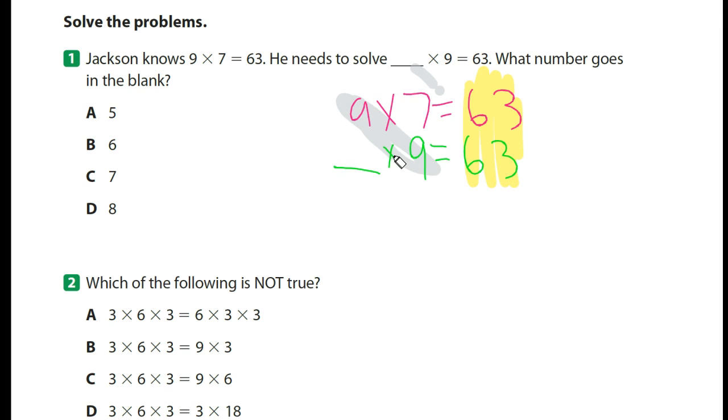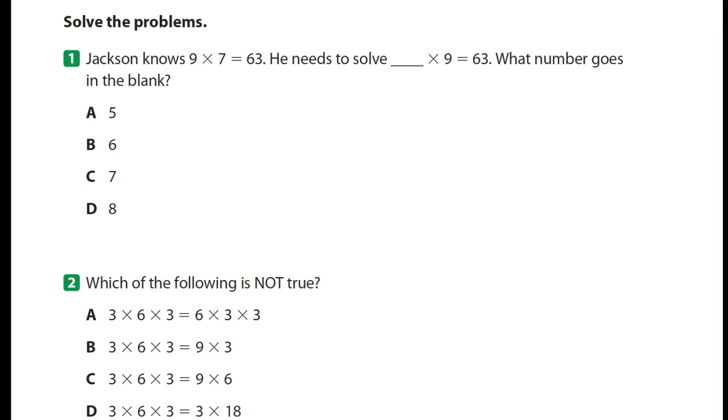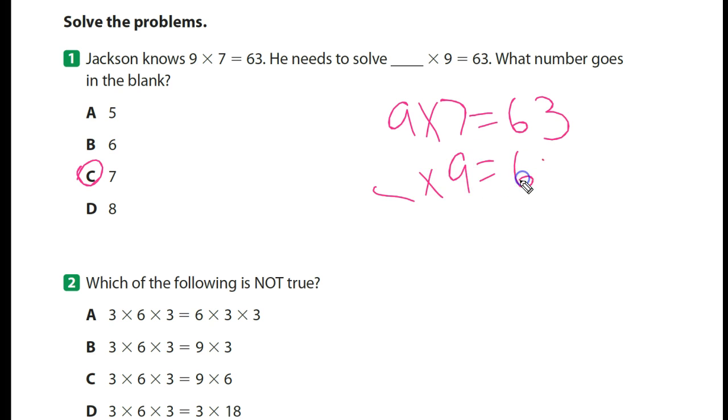These are called factors or fact families. So the answer is 7. He has 9 times 7 equals 63, and he wants to know what blank times 9 equals 63. He already has a 63 and 63, a 9 and a 9, so all that's left should be a 7. Answer is C. Okay, let's move on to the next one.